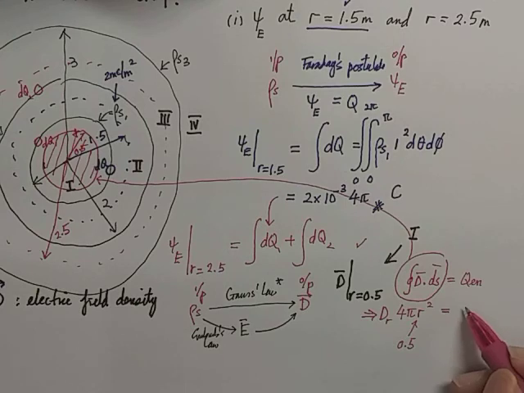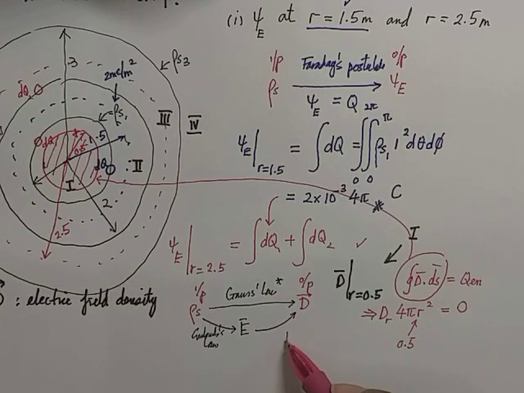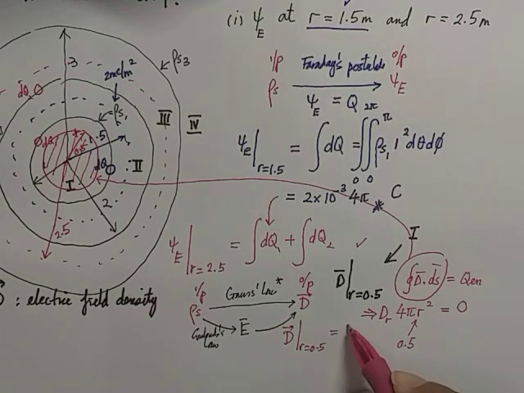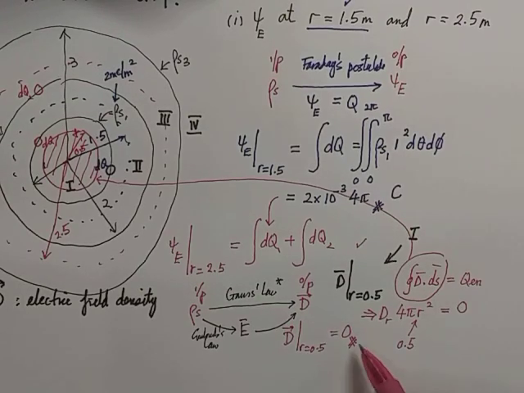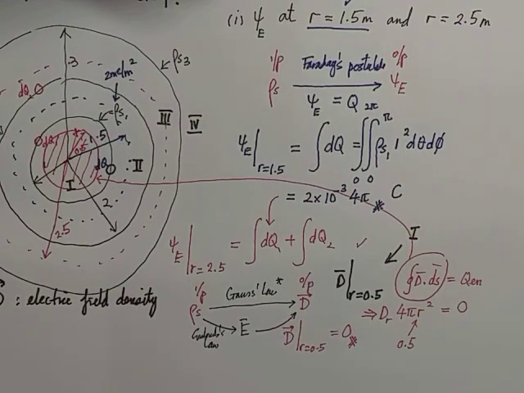So therefore, it's going to be 0. Then straightaway we can conclude that D for r equal to 0.5 is equal to 0. That should be the solution that we should have for that particular position. Okay, let's try the next one.